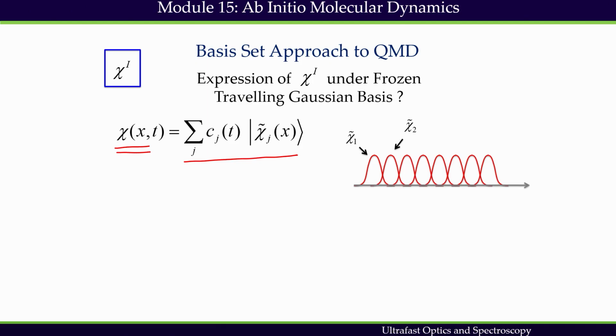So I will consider this chi is nothing but a one-dimensional traveling Gaussian. We do not have any product of different Gaussians because we have only a single atom and one dimension.